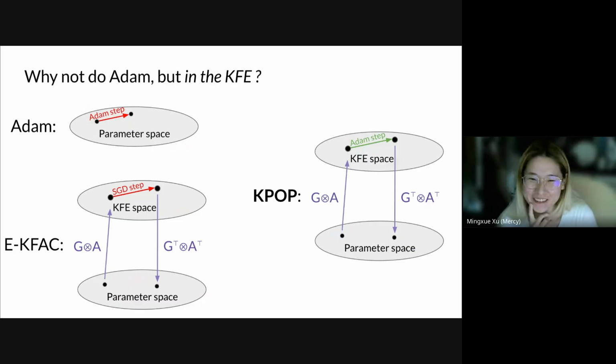Okay, thank you. So basically, how many loops are there here? I guess there are nested loops, right? When you are doing KPOP, you are actually doing the Adam operations in the KFE space.